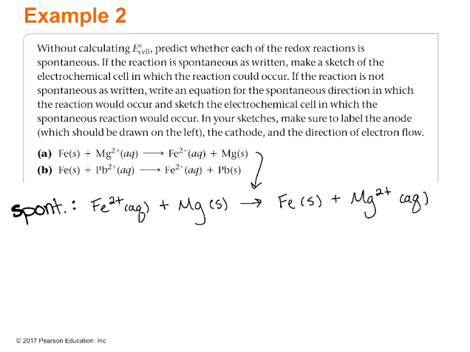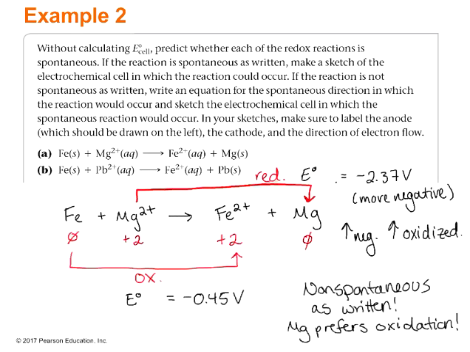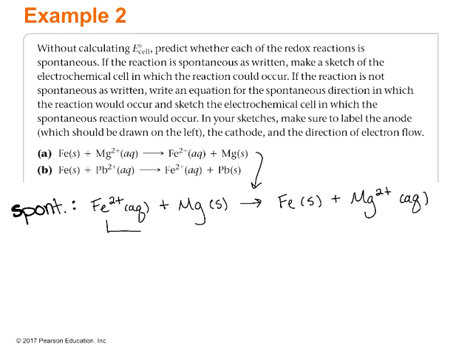So let's sketch out an electrochemical cell for this reaction. We said that iron would prefer to be reduced, not oxidized. So if iron is reduced, is that going to be the cathode or the anode?